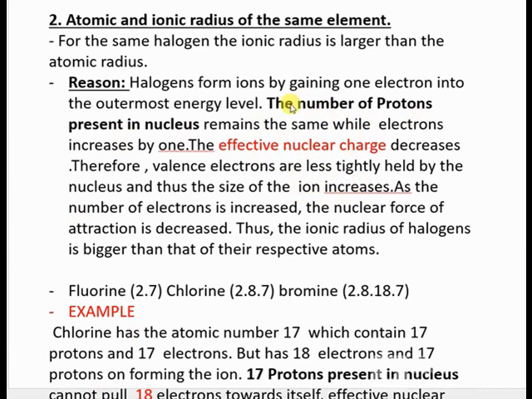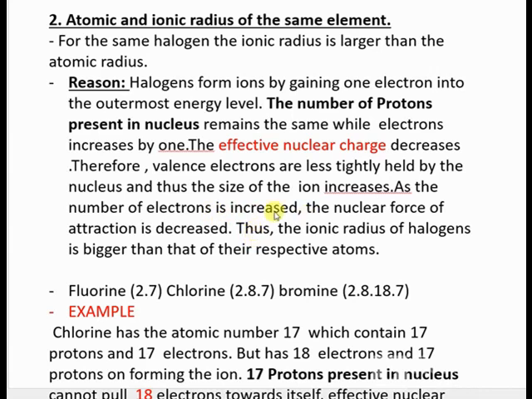If the atomic number is 17, then the effective nuclear charge is 17. But now, 17 protons are supposed to pull 18 electrons towards the center. It is going to be difficult, right? Therefore, the effective nuclear charge decreases and the size of the ion of the halogen increases. That's why the ionic radius is bigger than the atomic radius.